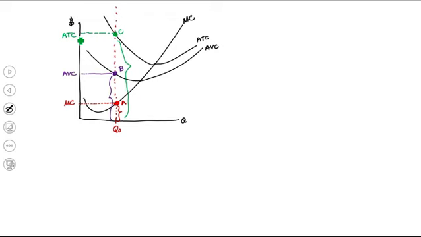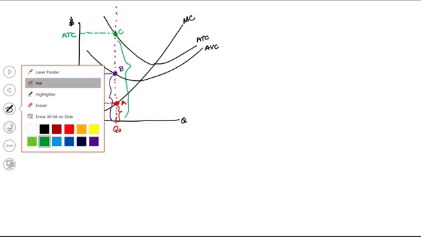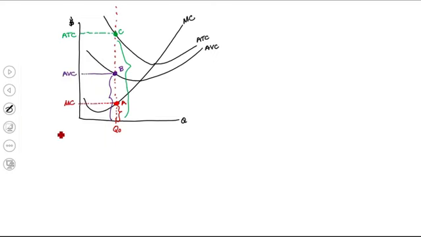So then how am I going to measure average fixed cost? Average fixed cost, how do we measure it? Average fixed cost is going to be this distance right here, but measured on the vertical axis, it's going to be the difference between average total cost and average variable cost, right?